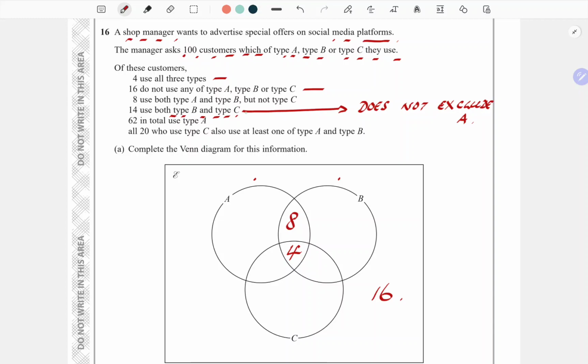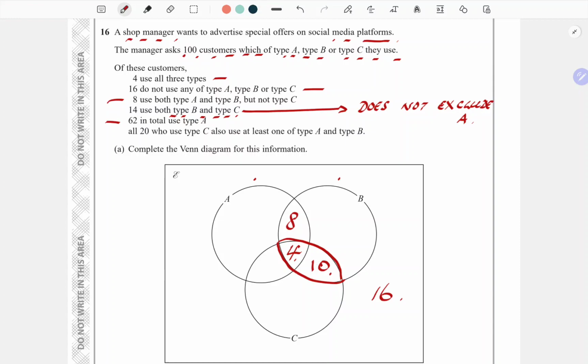They might use A as well. The statement does not say anything about not type A, as it did in the previous one just above it, all right? So we know they need to be in B and C, so it's that one there. And the total is 14. We already have 4 there. All right. So that's got to be 14 minus that 4, 10. Okay. Don't put 14 in that box. It's got to be 10 because the total is 14.